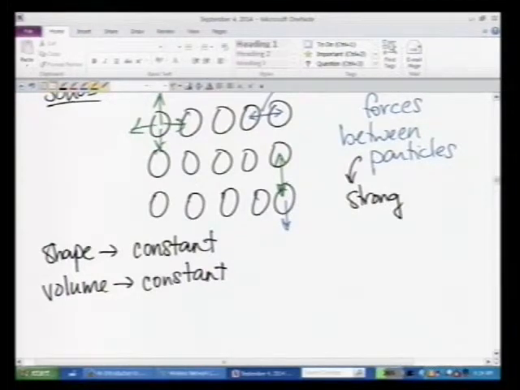So that's a description of a solid in terms of kinetic molecular theory. The attractive forces are so strong that they are not overcome by the motion of the particles. So you don't get any movement.